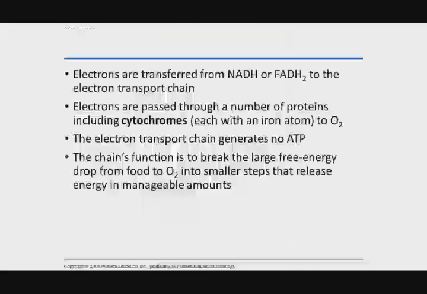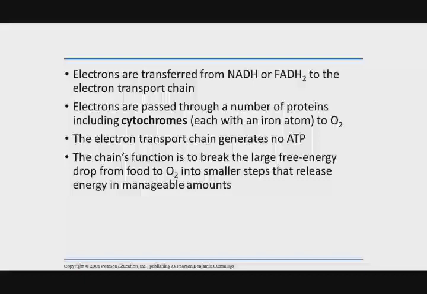All right? So again, we're taking the high energy electrons from NADH and FADH, passing them through the proteins. Cytochrome is a term that you're going to hear again and again as you go on in biology. And each of these has a metal center, and that is important in the redox chemistry. So cytochromes have this metal ion bound to them.